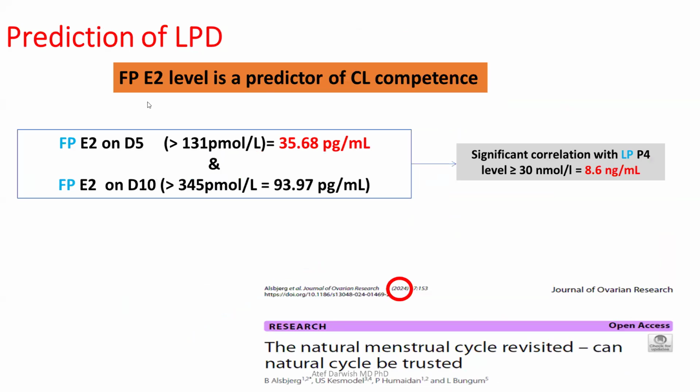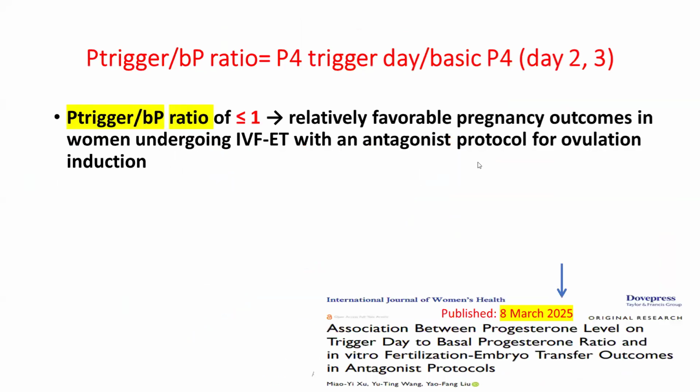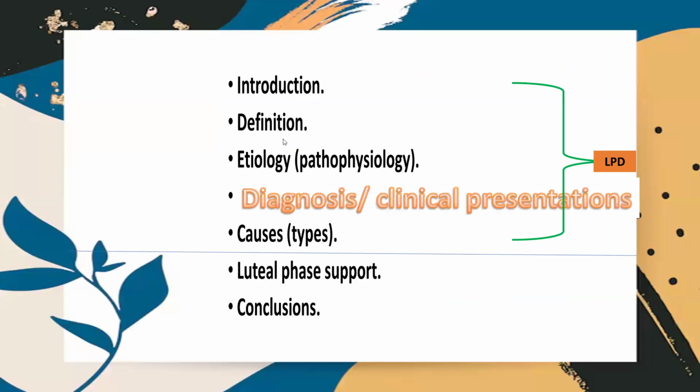That's why some studies try to predict the corpus luteum insufficiency by estimation of day 2 or day 3 estradiol. If it is high, we have to expect a high level of progesterone. Also some studies try to correlate between the basal progesterone and progesterone at the time of triggering, and to find out its relation to the success of the IVF cases. Anyway, we must not forget the follicular phase of the menstrual cycle.